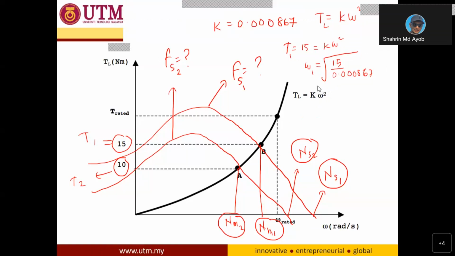Berapa? But this one is radian per second. So convert into RPM. 131.53 multiply with 60 over 2 pi. 1256.